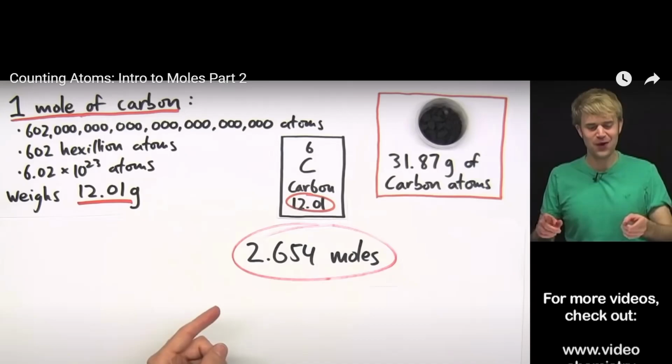Okay, so you're going to give that one a try. So you're going to take this number, 2.654 moles of carbon, and we want to find how many atoms of carbon.